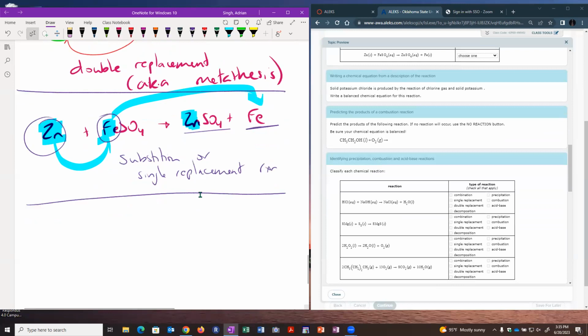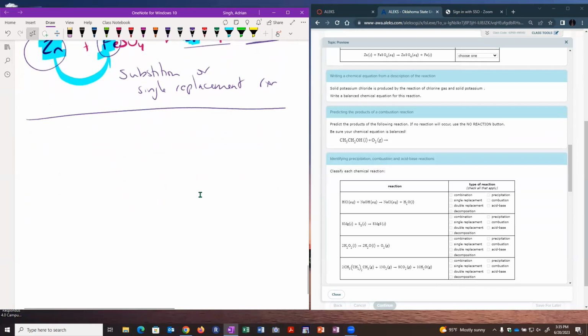All right, the next question is looking at writing a chemical equation from a description. So here, this is the whole point of chemical equations, is that they're used to represent chemical changes in a very concise way without losing any of the information. So it says solid potassium chloride. We need to know the chemical formula for that, and we learned all about that last week.